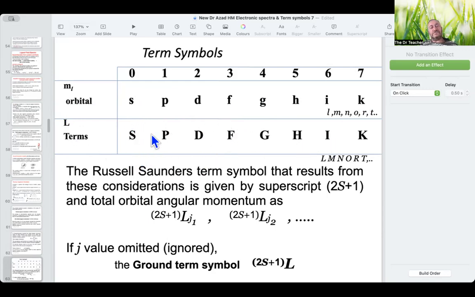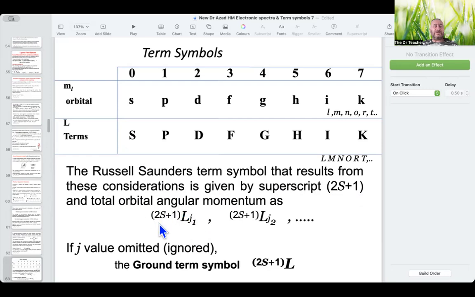You have to use capital S when you count the total spin. So the Russell-Saunders term symbol resulting from these considerations is given by the superscript 2S plus 1, and the total orbital angular momentum as you put it here.